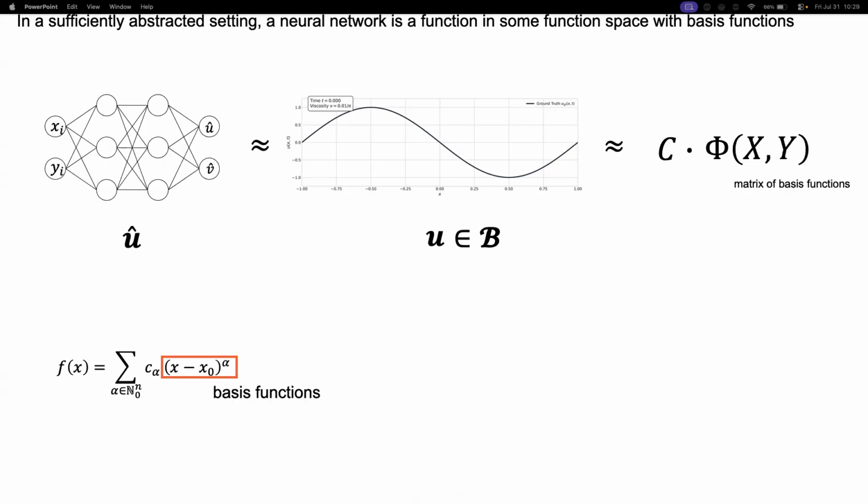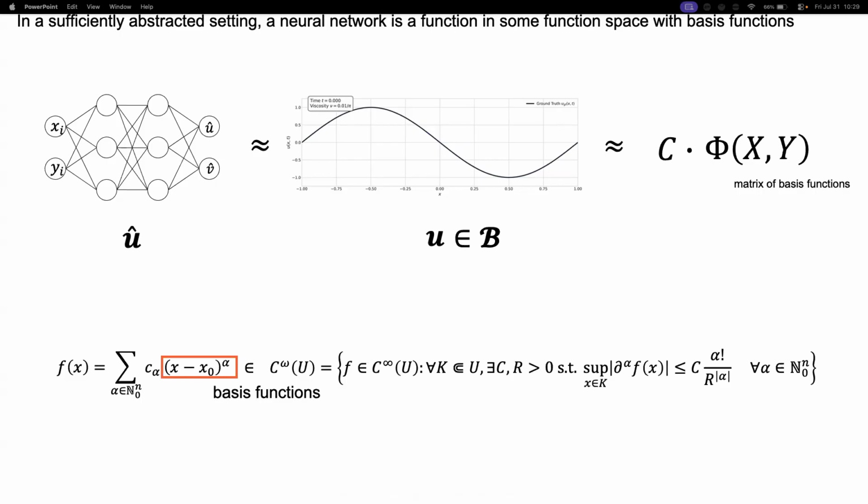And what I mean by a sufficiently abstract setting and the regularization is like this. The functions that can be expanded as the Taylor expansion on the whole real line are called analytic functions, and the corresponding function space is called the analytic space.